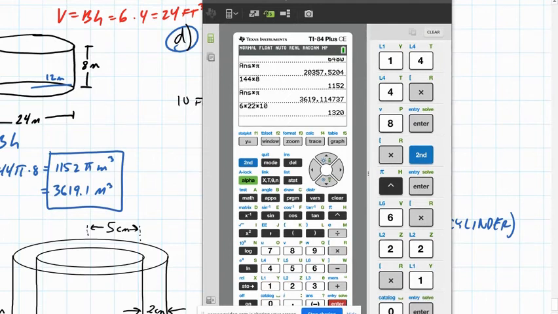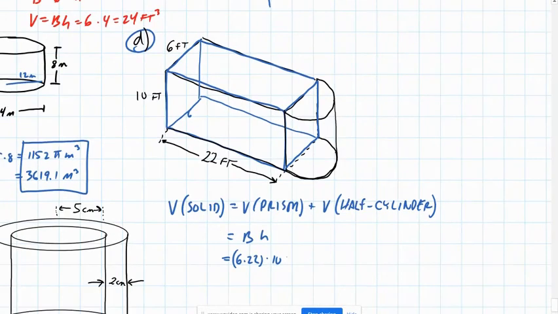Six times 22 times 10 is 1320. Okay, and now we're ready to find the volume of the half cylinder. Since this distance is 10, our radius would be half of that, would be 5.